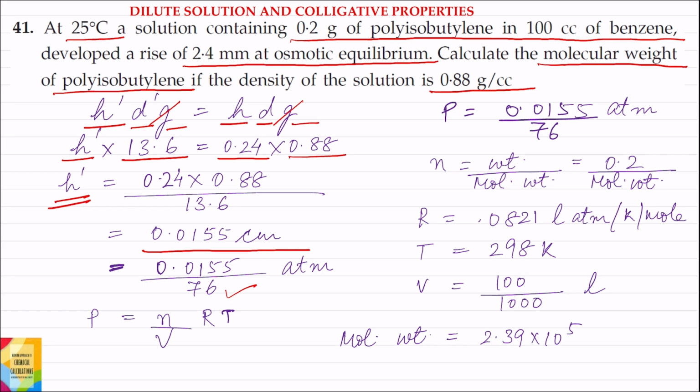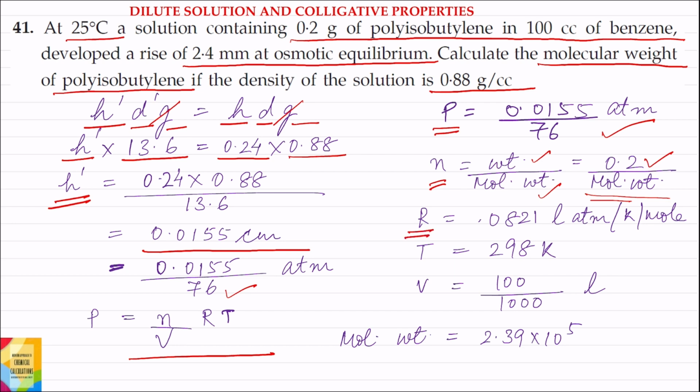Now the formula applied for osmotic pressure calculation is P is equal to n by V RT. P is the osmotic pressure of the solution, that is 0.0155 divided by 76 atmosphere. n is the number of moles of the solute, which is equal to weight divided by molecular weight of the solute. Weight of solute given in the question is 0.2 gram divided by molecular weight of the solute, which we have to find out.